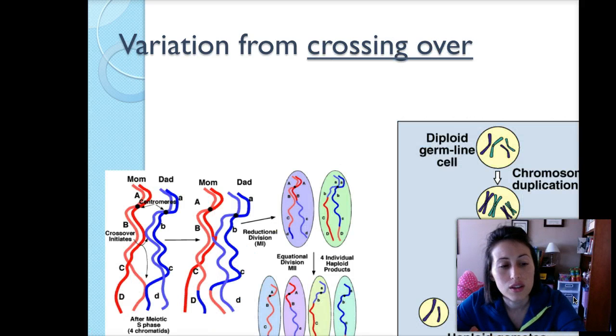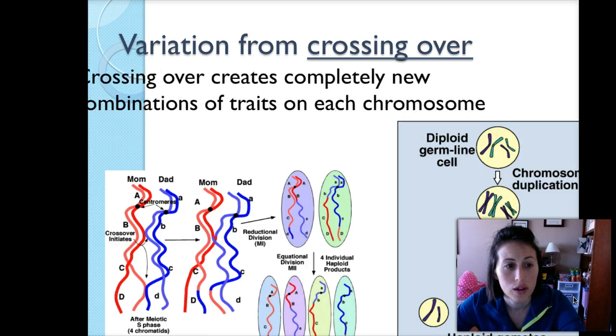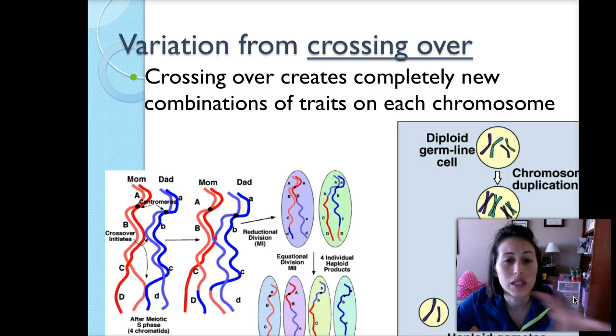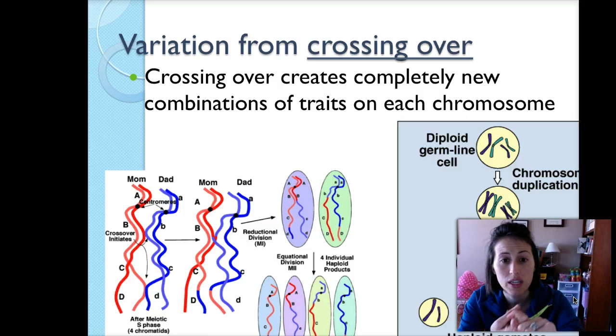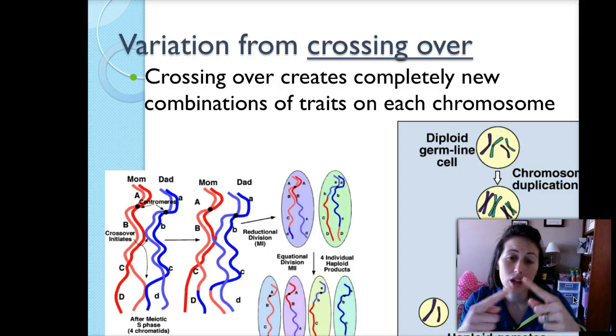All right, so let's look a little bit more closely at crossing over. Crossing over creates completely new combinations of traits on each chromosome. It just depends on where those homologous chromosomes touch, which is where they're going to be sharing or exchanging their genetic combination. If they touch more at the top, it's going to be a little bit of difference.